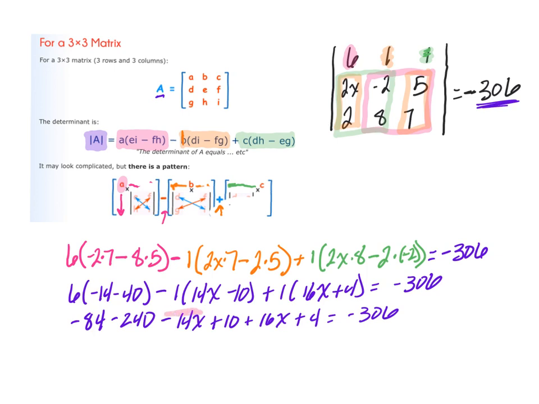I've got this one and this one. Those are my two x terms. And then these ones, this one and this one.